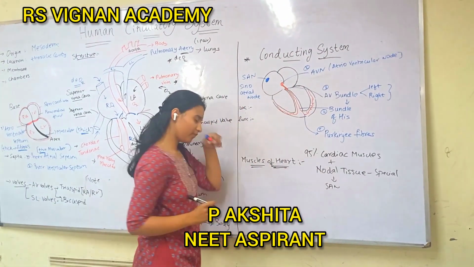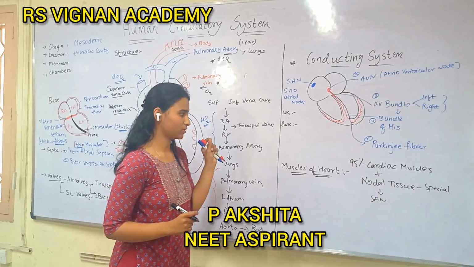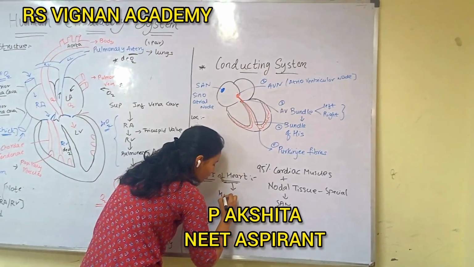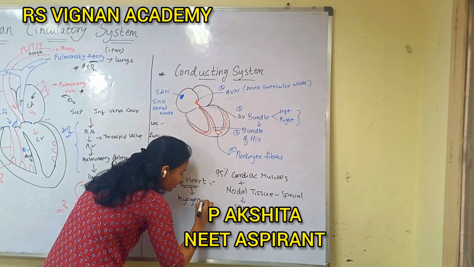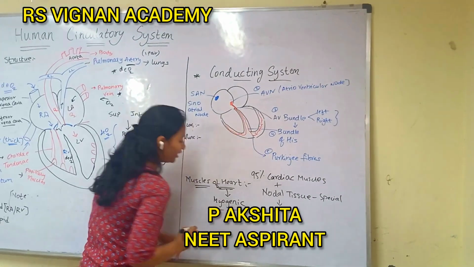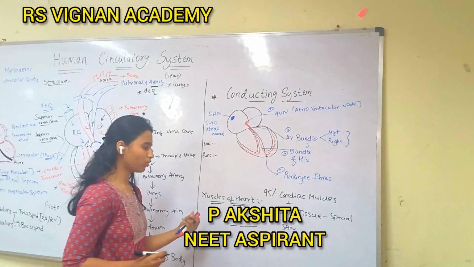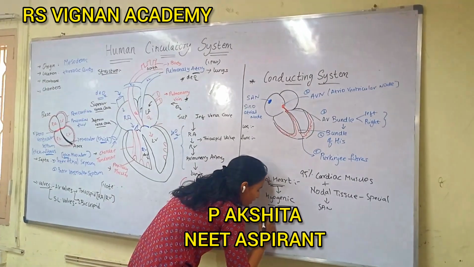Now here we have one important point, that our human heart is myogenic. What do you mean by myogenic? It means that the heart has the ability to generate its own heartbeat.